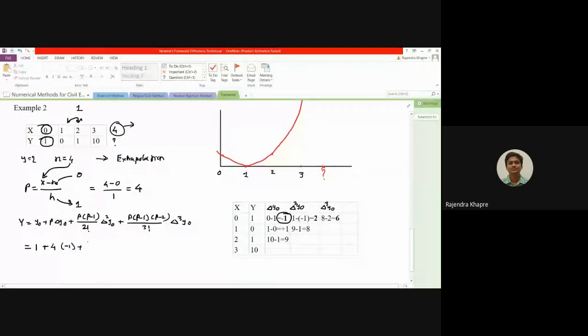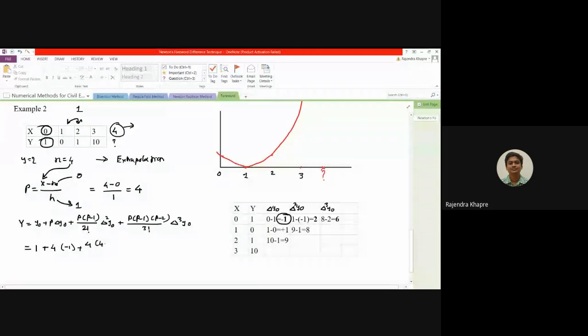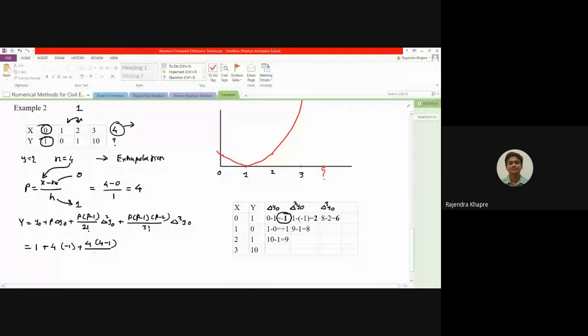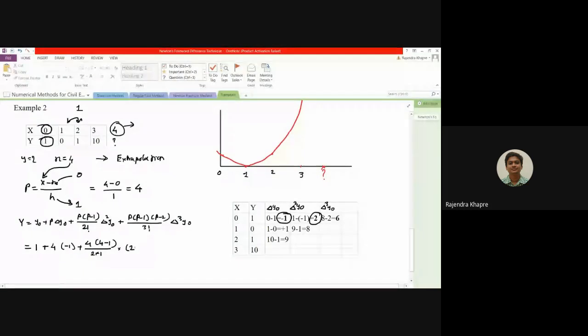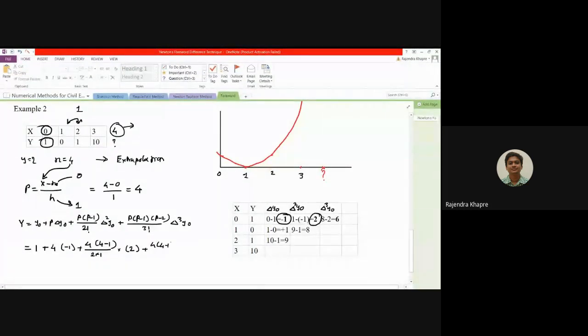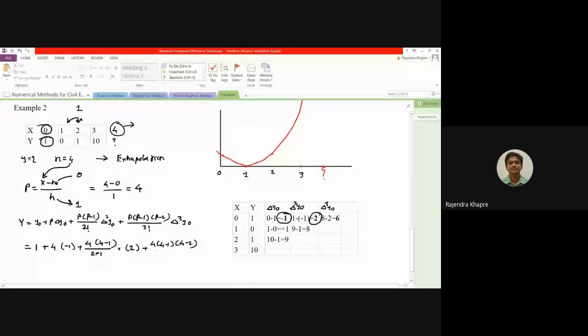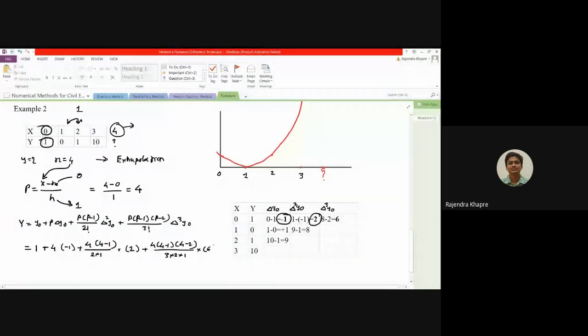Plus p value is 4, this is 4 minus 1 divided by 2 factorial, which is 2 into 1, into delta square y0, which is 2. Plus this is 4 minus 1 into 4 minus 2 divided by 3 factorial, which is 3 into 2 into 1, into delta cube y0, which is 6. So this 6 is coming from here.